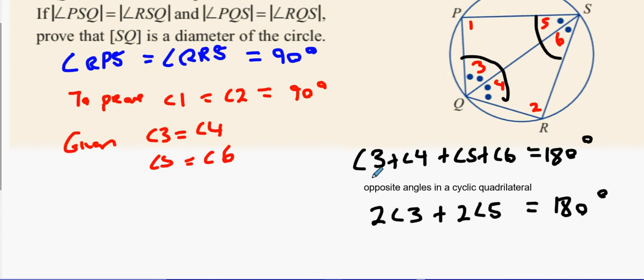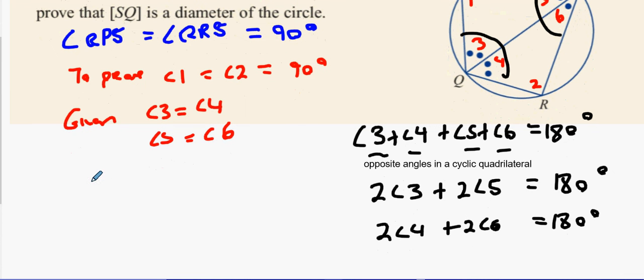Replacing, because angle 3 and angle 4 are equal to each other, and angle 5 and angle 6 are equal to each other. I could then say, divide both sides by 2, and what will I get? Angle 3 plus angle 5 equals 90. And then what can I say about the other one?